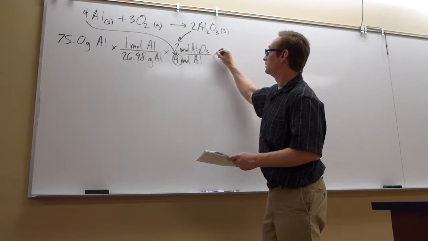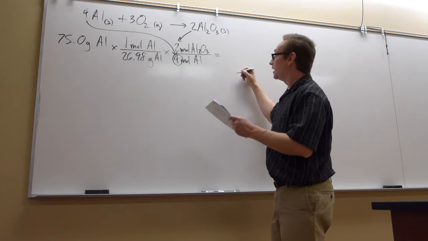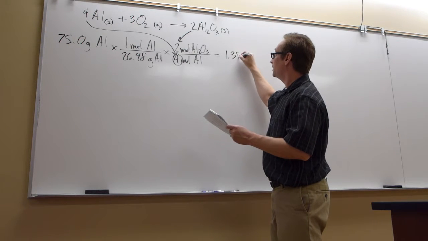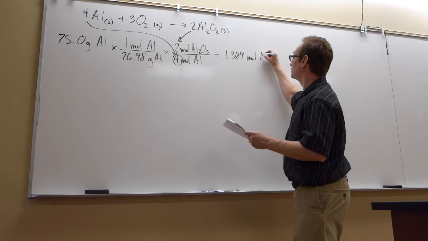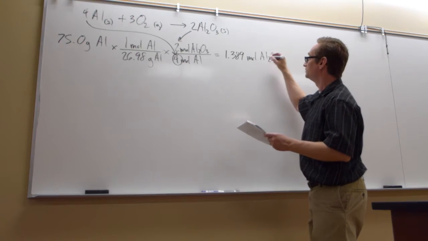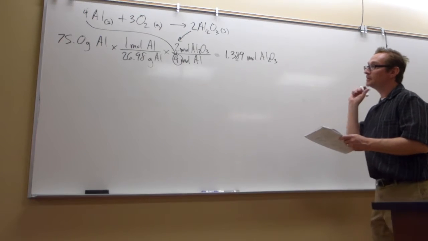Okay. So I run that calculation, and I have 1.389 moles of aluminum oxide. That 8 is the last sig figure.